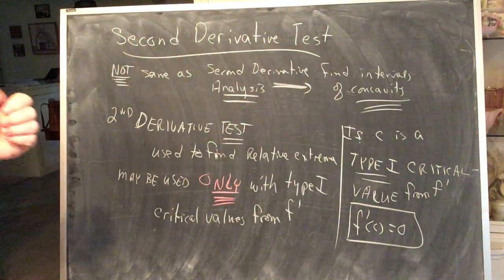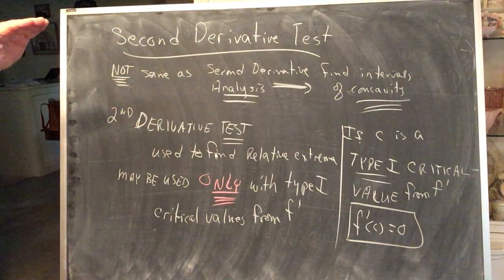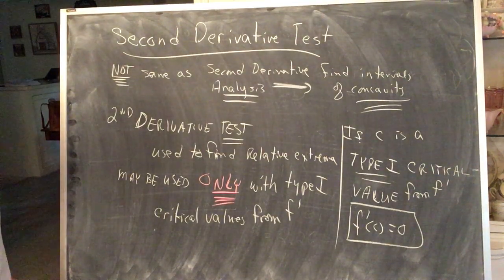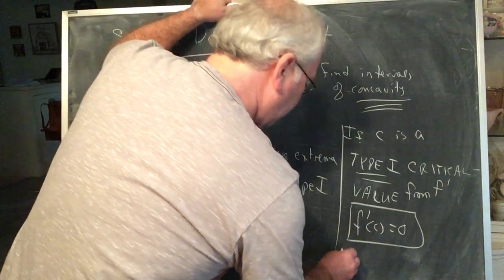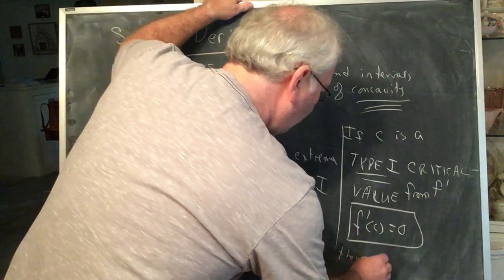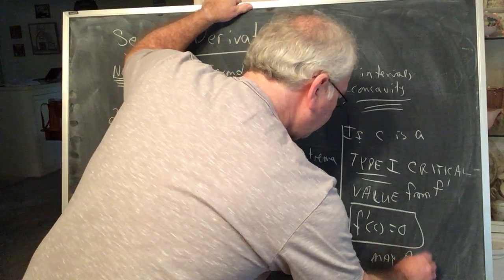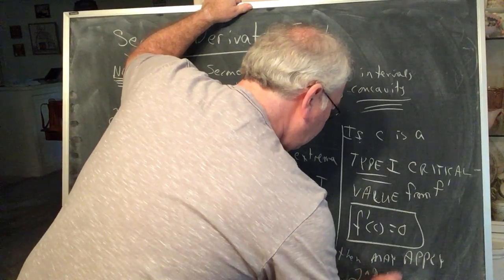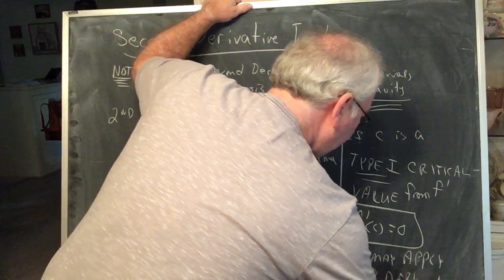So the second derivative test is only used if you have c. If c is a type 1 critical value from f prime, that is to say if f prime of c is equal to 0, then we may apply the second derivative test.